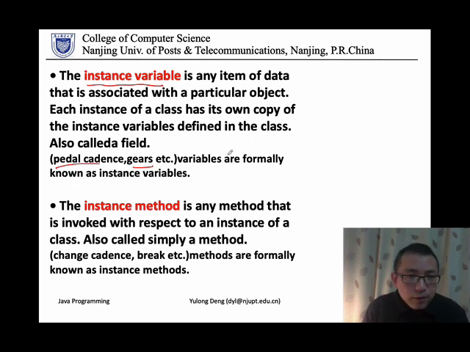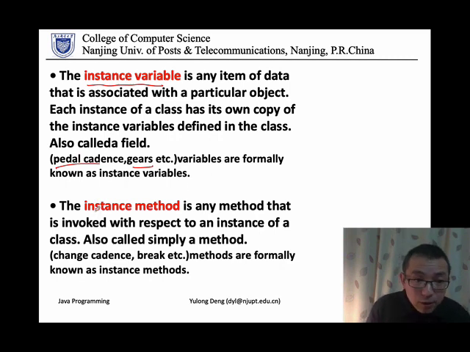The instance variables are owned by the object itself. So if I have two or three bicycles, each bicycle has these variables, but the values inside these variables are different. It's very important because the instance variable is owned by the object itself.